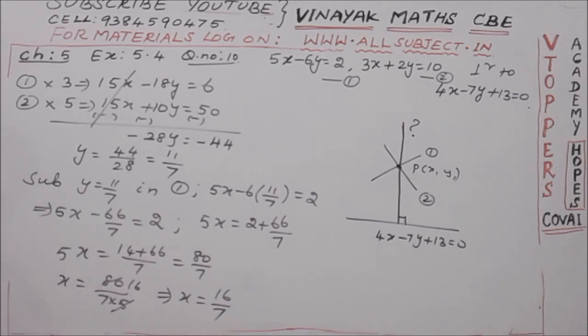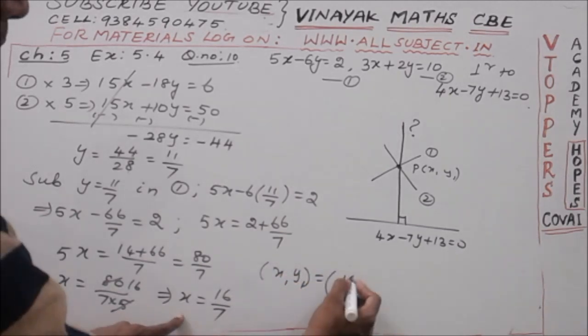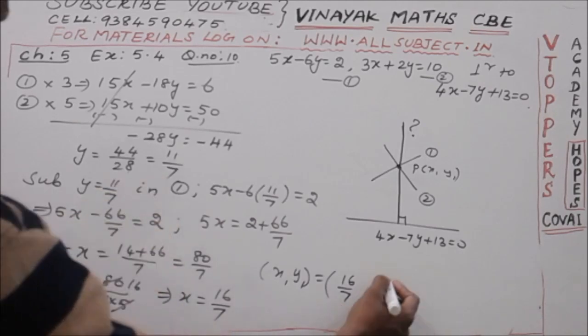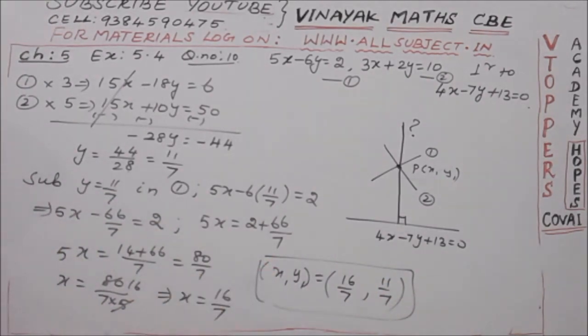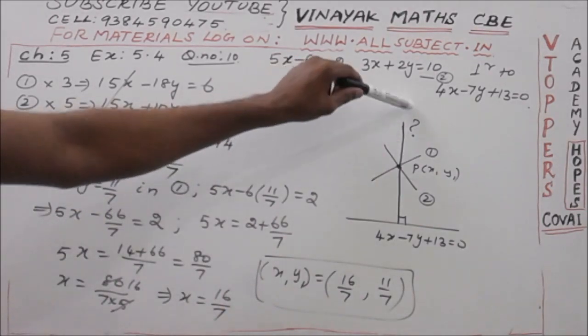So the point of intersection (x1, y1) is 16 by 7 comma 11 by 7. Now we should find the equation of this line.